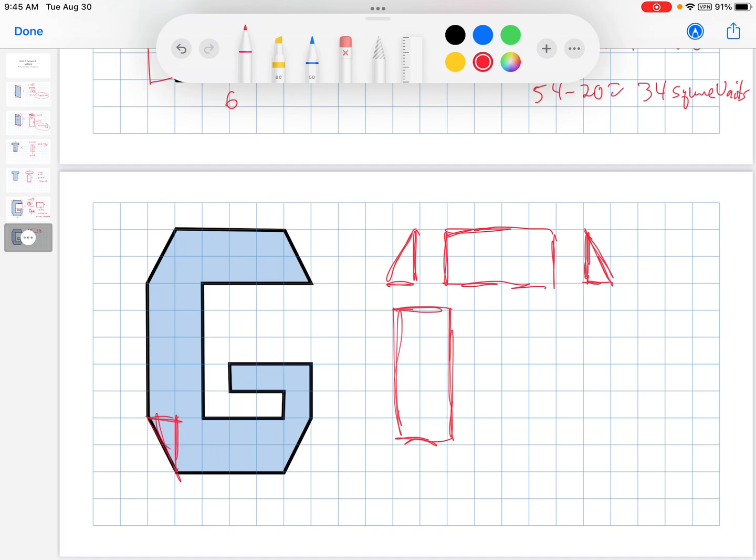This piece, which I'll put over here. This piece, which I'll put over here.